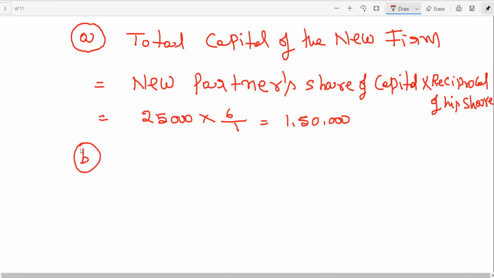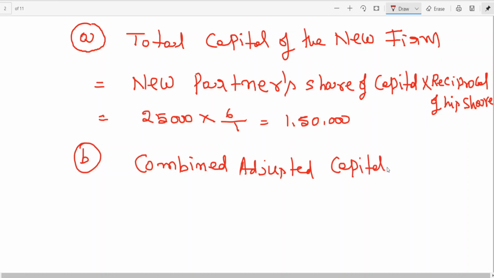B. You should go for the combined adjusted capitals of all partners.